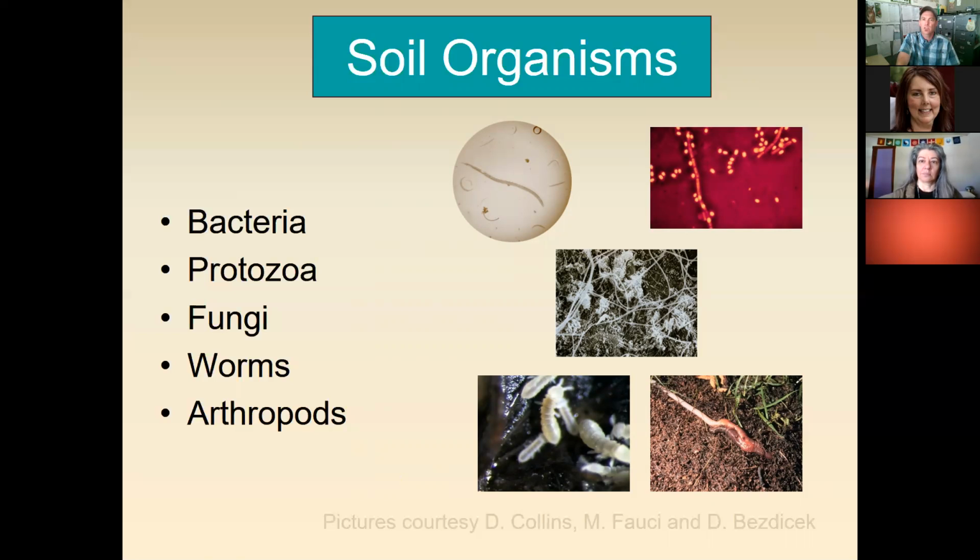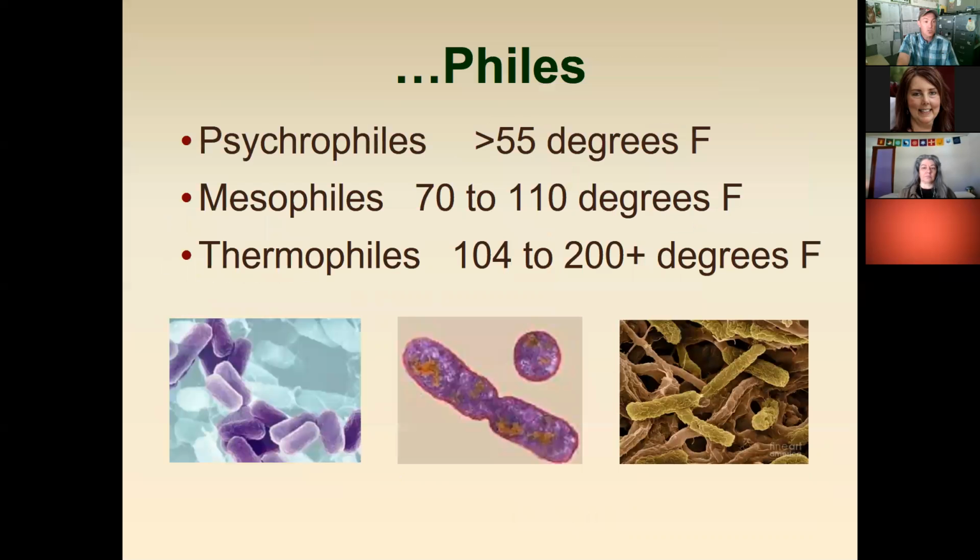So bacteria is really the most important organism in your compost pile, because they are actually producing the most heat and consuming the most organic matter. There are three basic types of bacteria, which we call the philes. These are the different bacteria that prefer different parts of your compost pile.